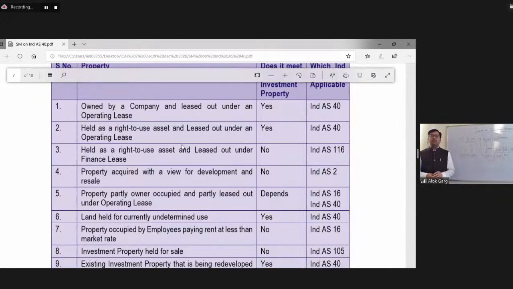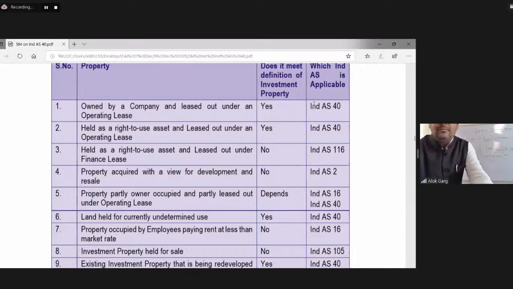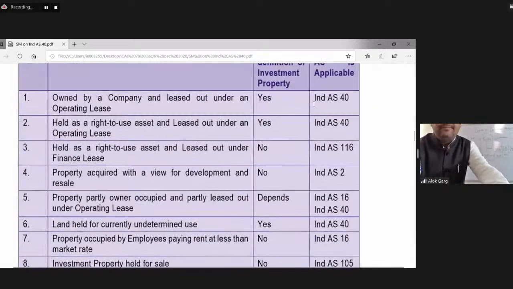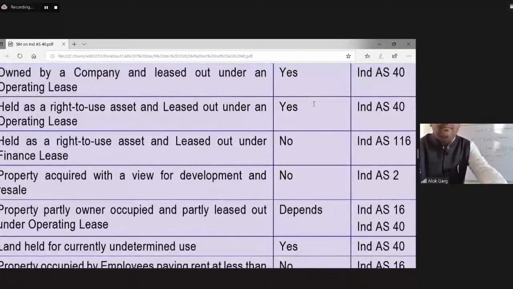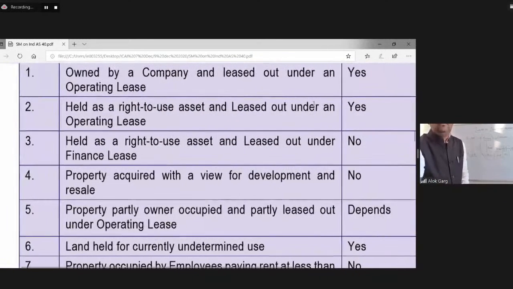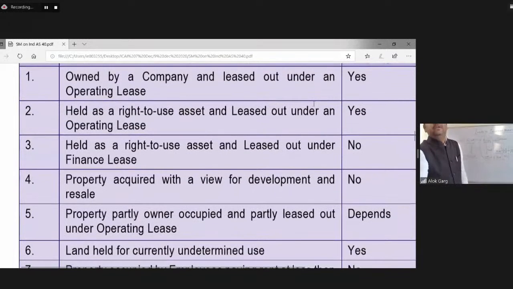The first example: if a company owns a land and building and leases it out under an operating lease, is it an investment property? Yes, it is an investment property under IndAS 40.